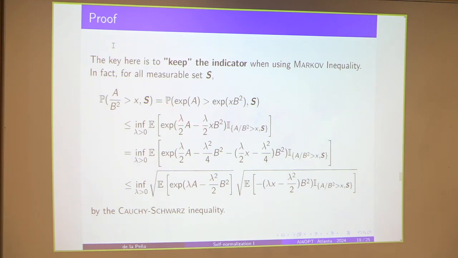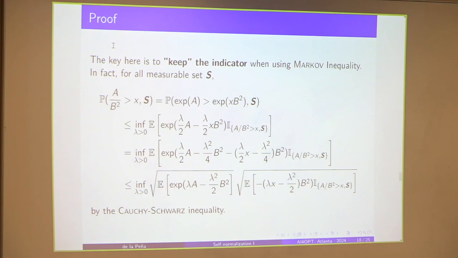So this can be any set. Then Markov's inequality, the typical thing would be to take the expected value of e to the A minus x B squared. But if you keep the indicator, then you have something better than Markov's inequality.